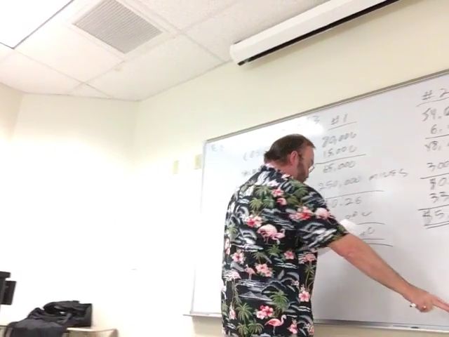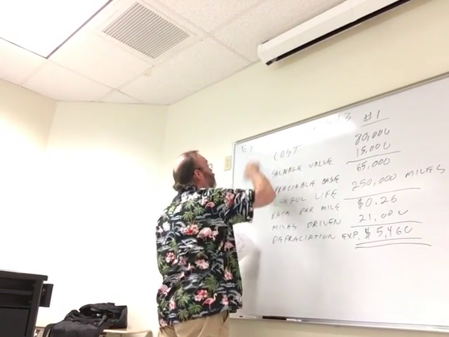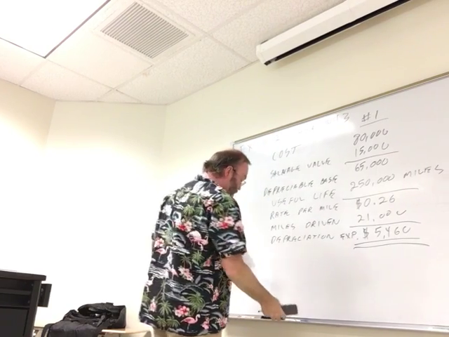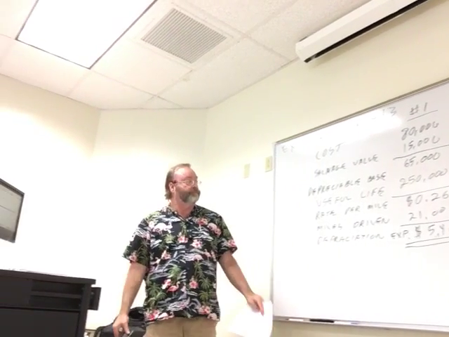Let's do exercise number 12, which we'll do for straight line and double declining on the same page. All right, everybody got this one?